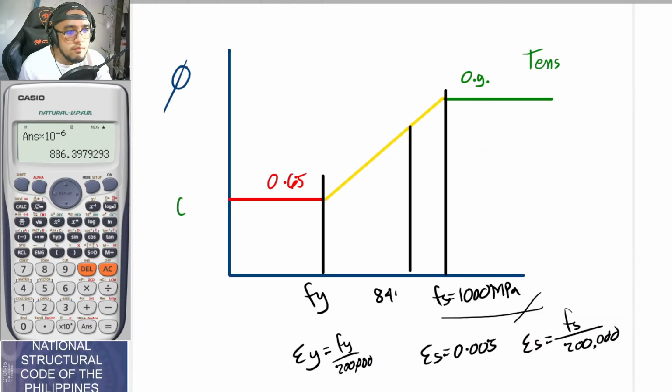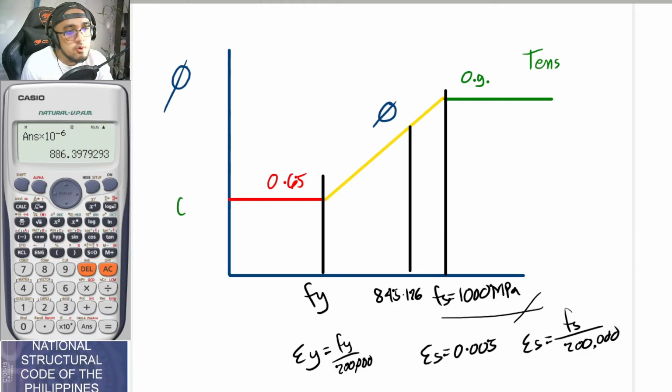So this is to be, once again, 845.126. And what we are solving for here is the value of our reduction factor phi. So let's say that this is to be phi. So let us solve for this. In order for us to solve for that, we will be using similar triangles. If you know any methods other than similar triangles, then you may do so as long as you would be solving for this particular value here.